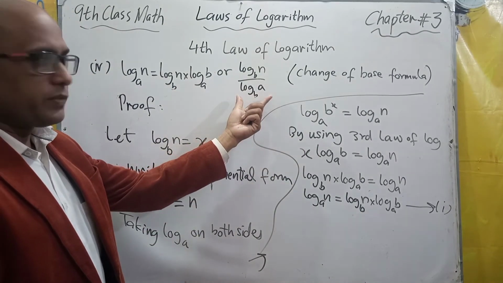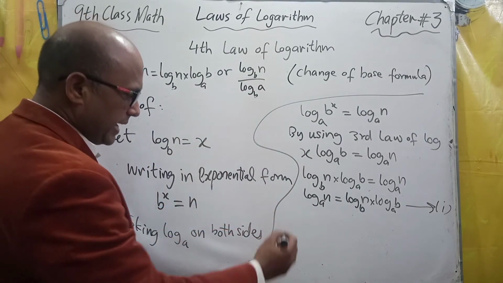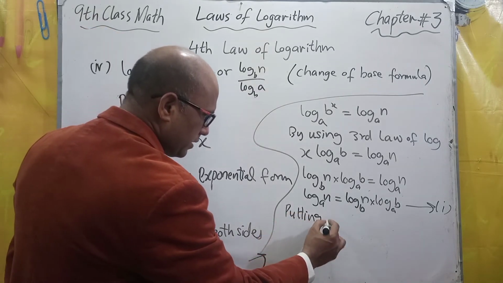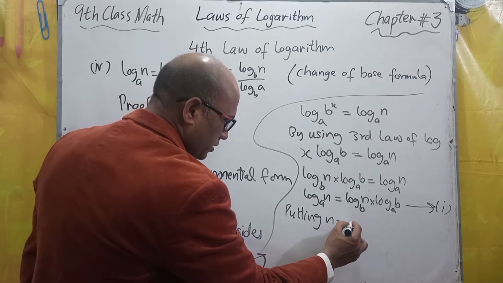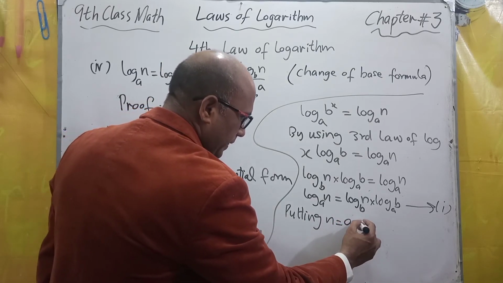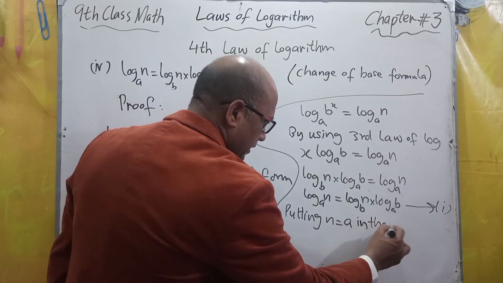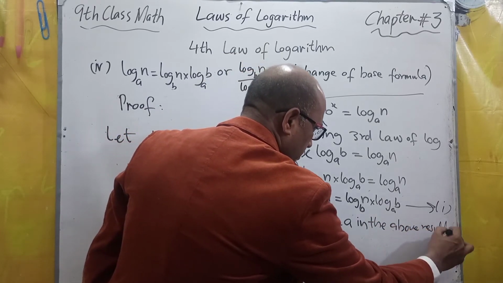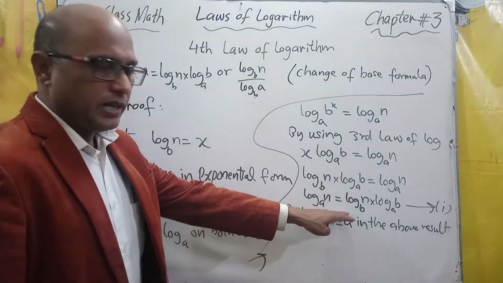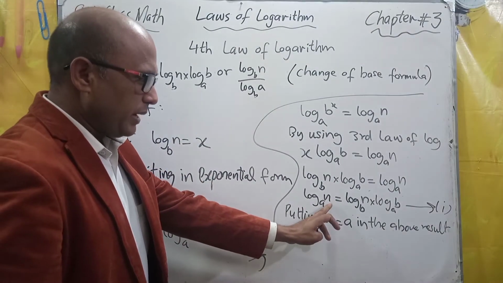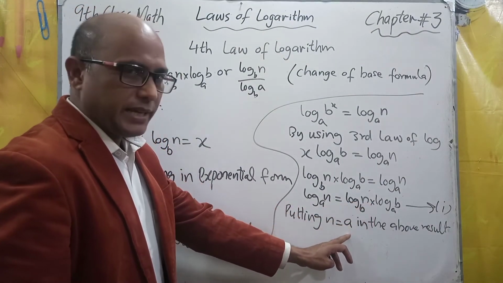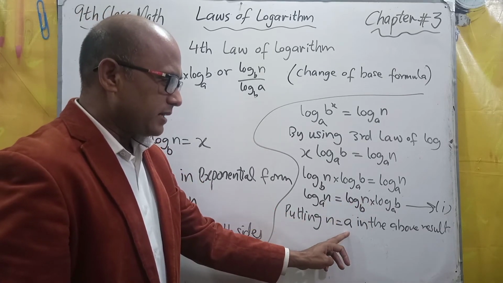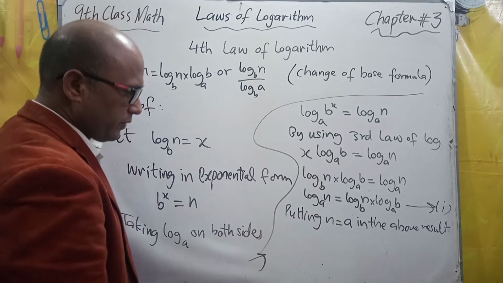Now we have to prove this one. So students, we'll write here, putting n is equal to a in the above result. In the above result, in place of n, we'll write a. So wherever n is, we'll write a in place of n.